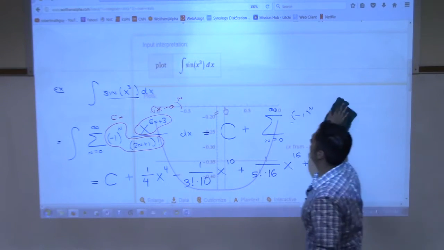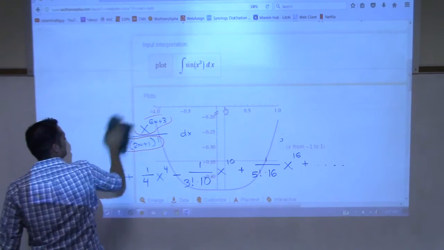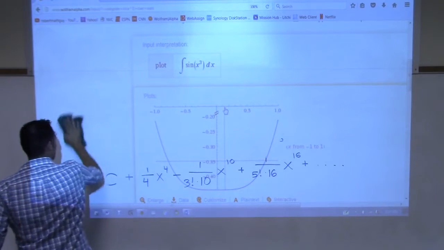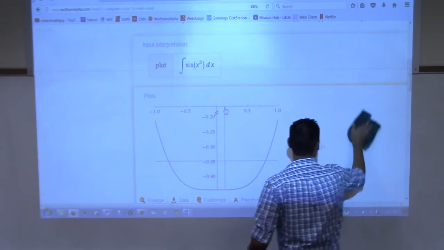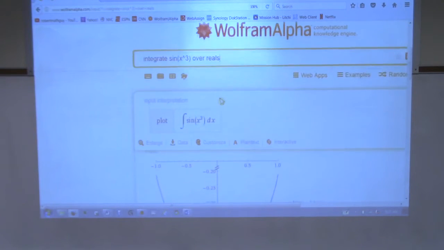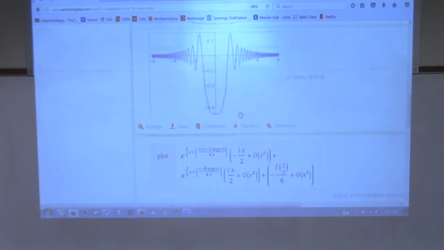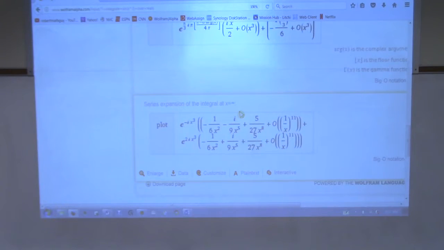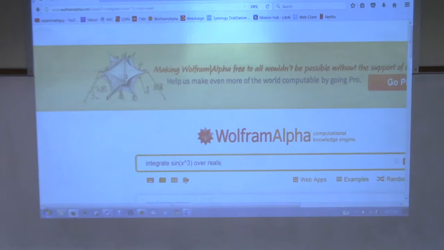It decided to plot it instead. Close enough for God. Here, expand this graph. Integrate this over reals. It didn't like that at all. It has to be imaginary, dude. Crazy.